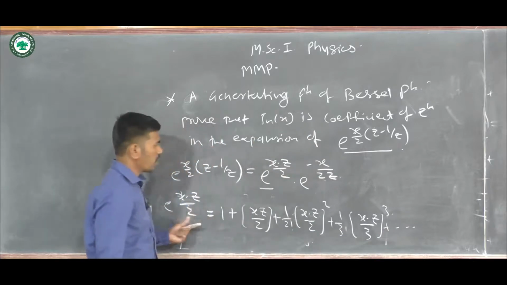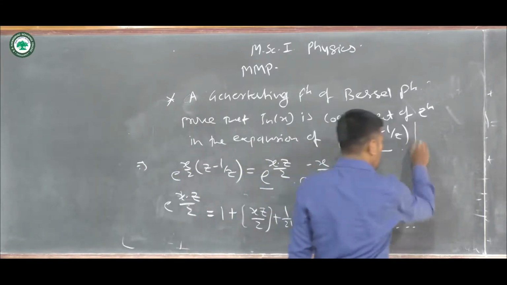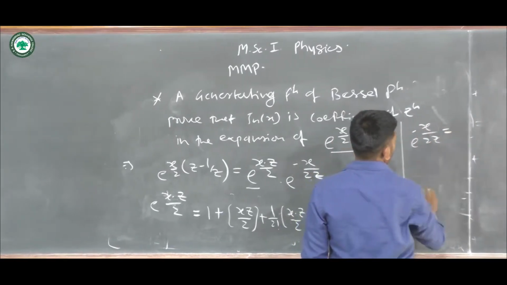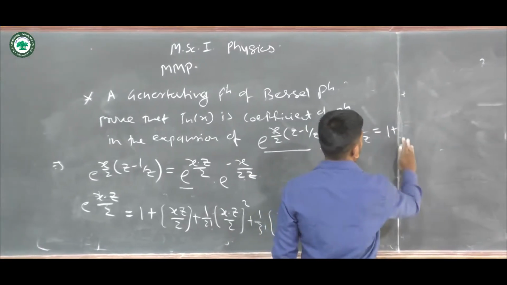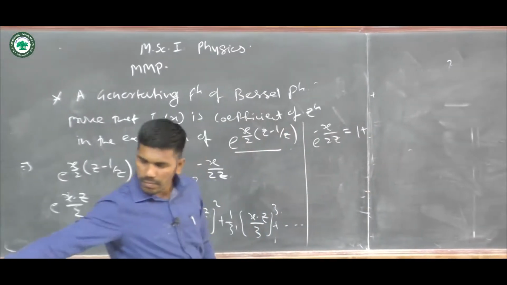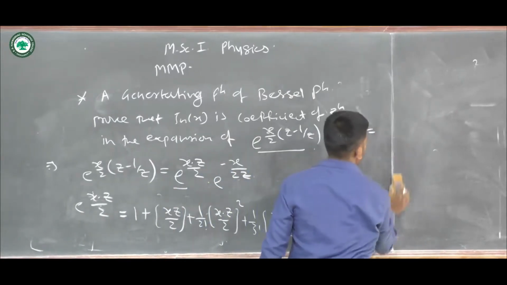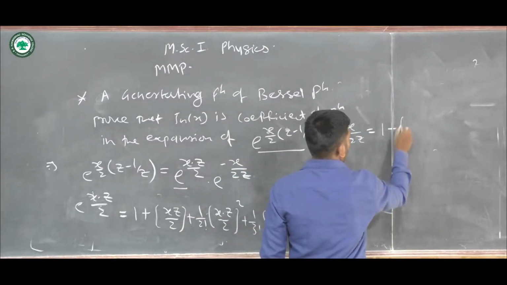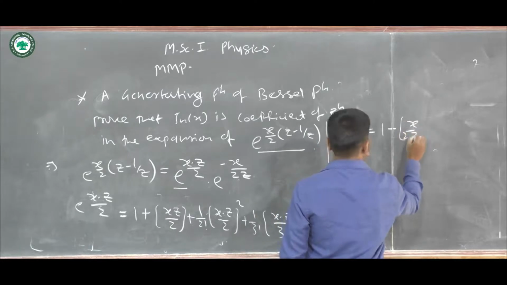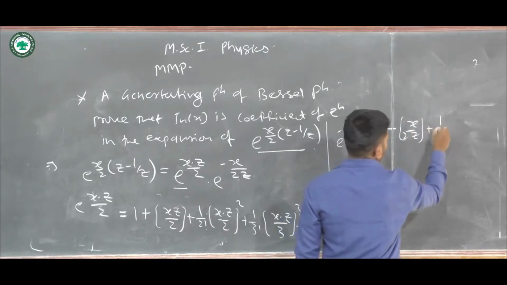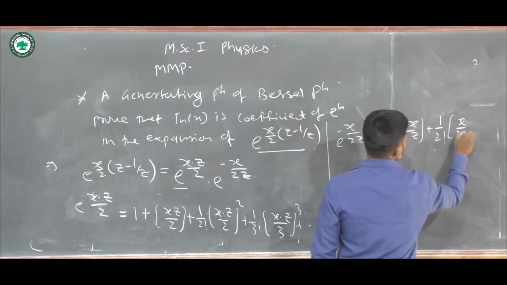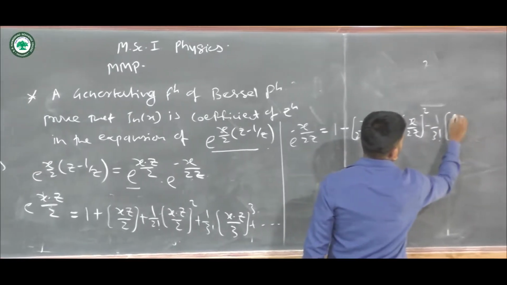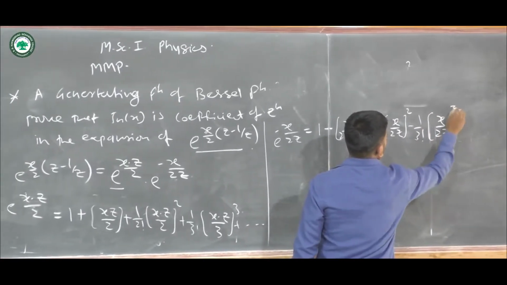This is the expansion of the first term, and if I expand the second, that is e raised to minus x by 2z, it is equal to 1 minus x by 2z plus 1 by 2 factorial (x by 2z) square minus 1 by 3 factorial (x by 2z) power cube and so on.